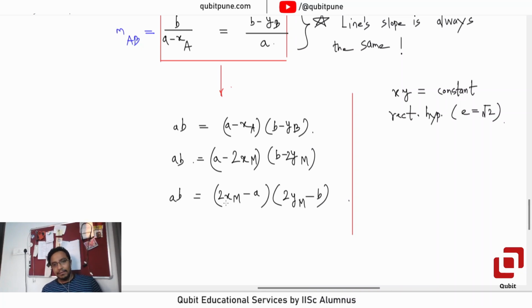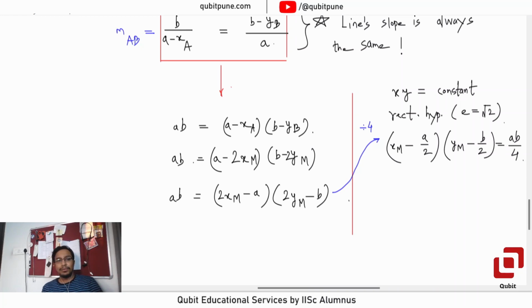Now, if we divide the entire equation here by 4, then we will get (xm minus a by 2) into (ym minus b by 2) equal to ab by 4.